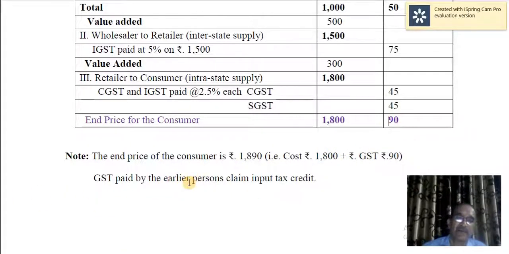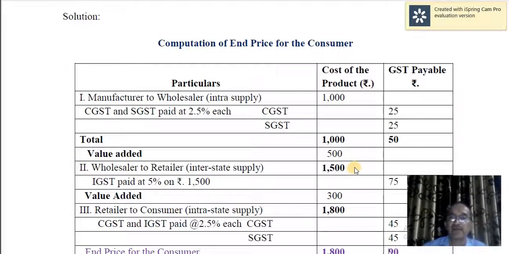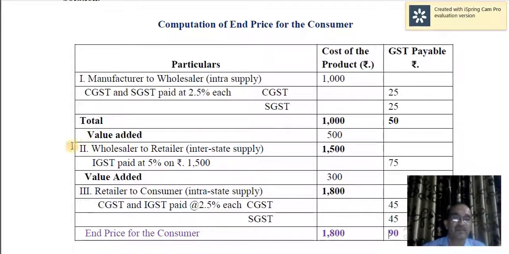GST paid by the earlier person is claimed as input tax credit. For example, here, say wholesaler to retailer, he collects 75 rupees as tax, but he pays 50 rupees, that is tax on the purchases. A supply is made to him by the manufacturer, so input tax is 50, output tax is 75, so the net tax is just 25.